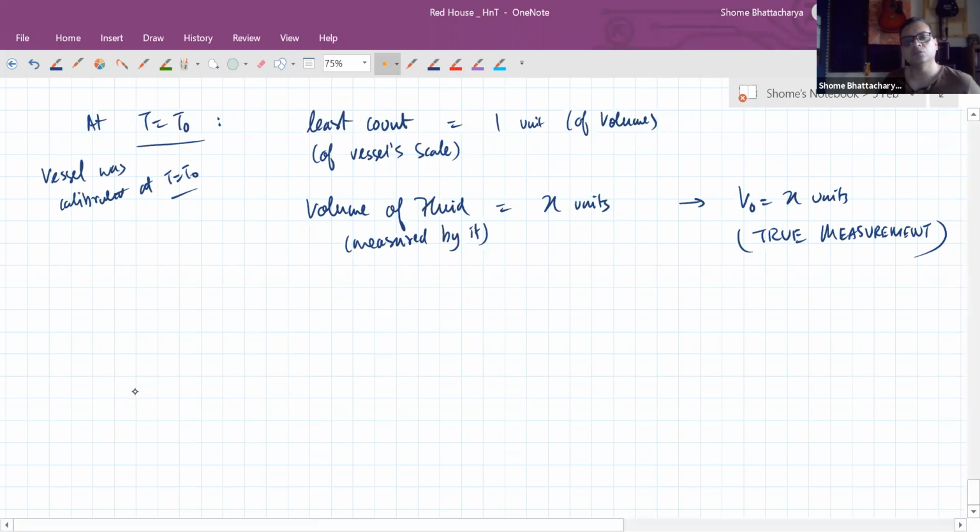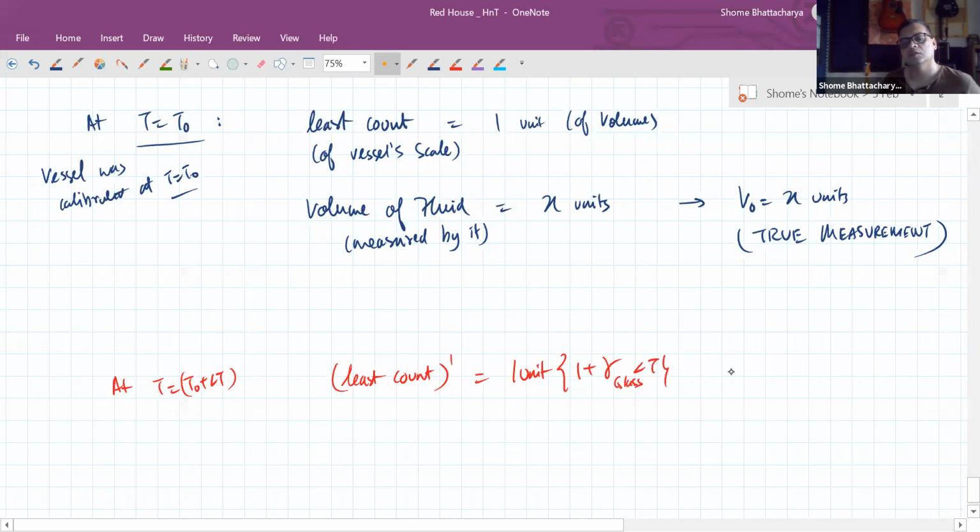Now at the new temperature, you have to take care of two things. One is that the least count has become inaccurate. It has become 1 unit into (1 plus gamma of the glass into delta T).